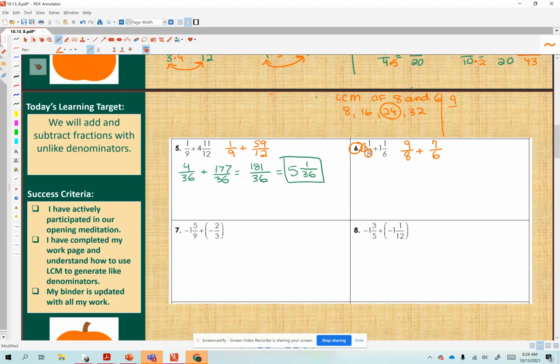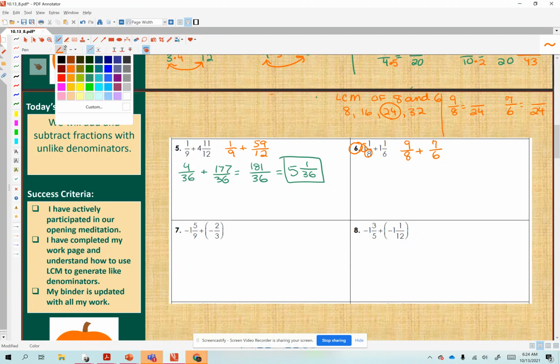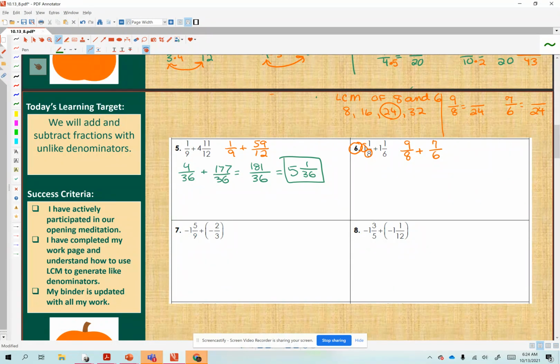So we need to convert 9 over 8 to 24ths, and we need to convert 7 over 6 to 24ths. So 8 times 3 is 24. 9 times 3 is 27. So that's our first new equivalent fraction. 6 times 4 is 24. 7 times 4 is 28. So that's our second equivalent fraction.